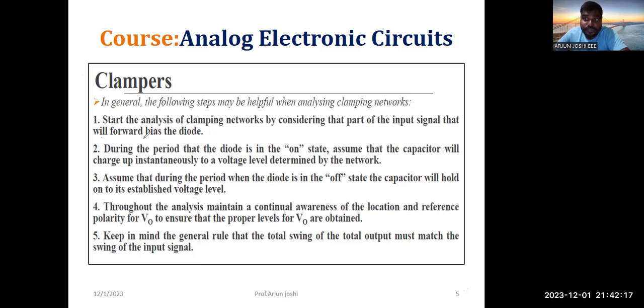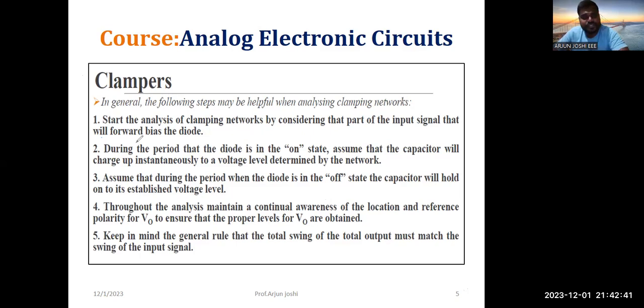Here our diode should be on. Positive is connected to positive, negative to negative. If the diode is reversed, negative is connected to negative and positive to positive. You should analyze the diode to be on, whether in the positive or negative cycle. No need to worry. That is how you should analyze the circuit.